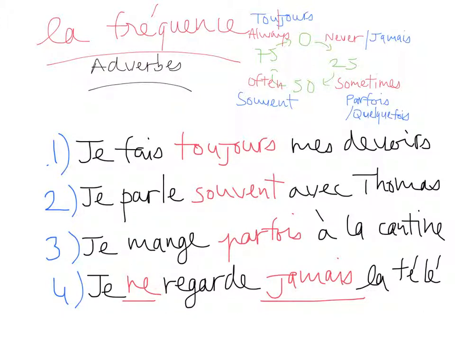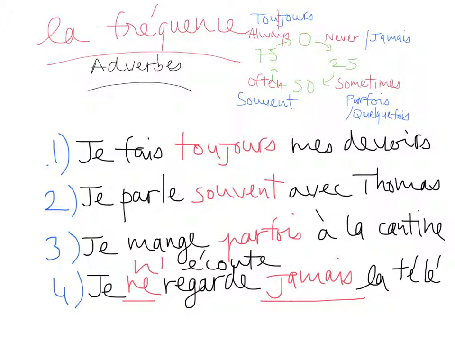Okay, so je ne regarde jamais la télé. Of course, if the verb starts with a vowel, it will be an apostrophe. Je n'écoute. I never listen to. Je n'écoute jamais la radio. I never listen to the radio.